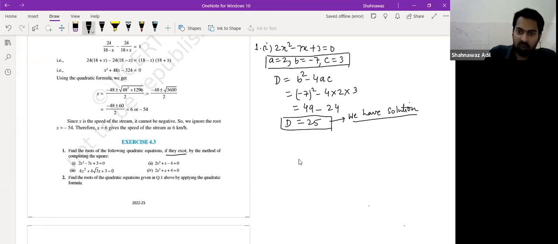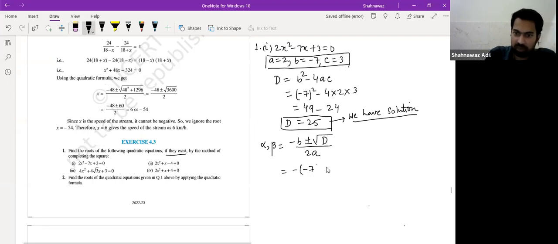Now, what are the solutions? So alpha and beta are minus b plus minus root d by 2a. So let us take the plus one first. So minus b is minus of minus 7, plus minus root of 25, by 2a, and a is 2.